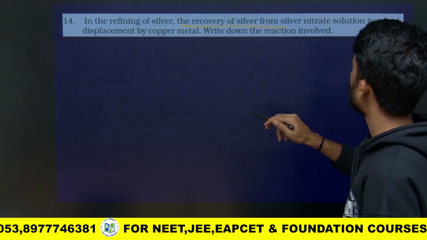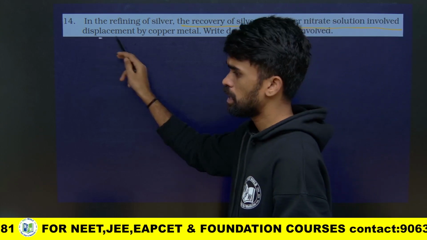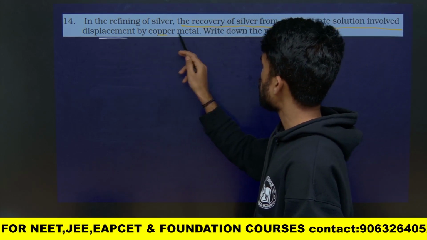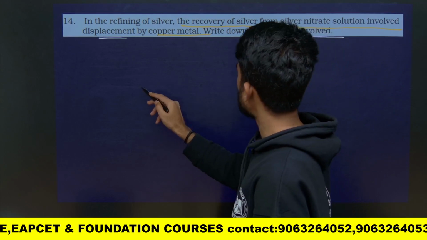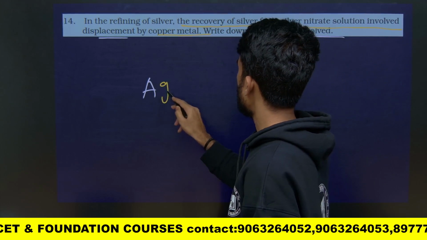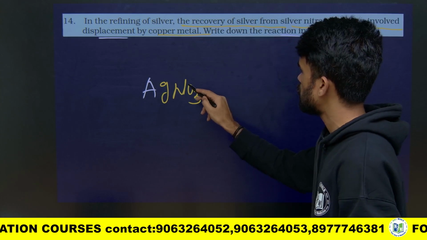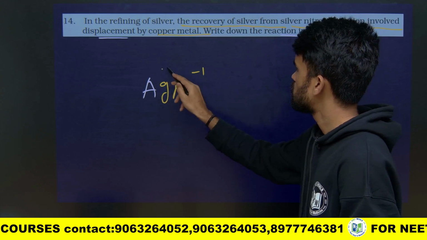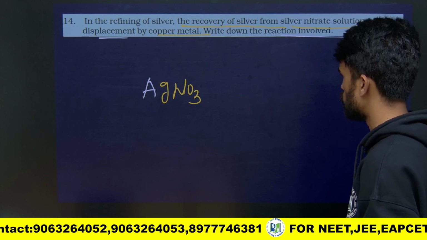In the refining of silver, the recovery of silver from silver nitrate solution involves displacement by copper metal. Write down the equation. So what is that? Silver nitrate, AgNO3. Nitrate will have a -1 charge, silver will have a +1 charge in this compound.